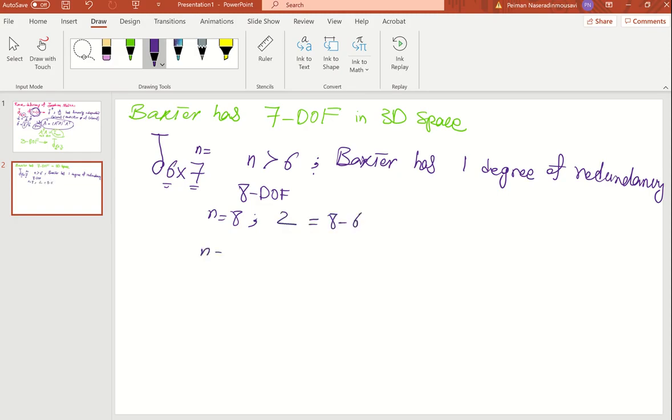If you have a 15 degree of freedom robot, it's going to be 9 degrees of redundancy, because 15 minus 6 is 9. Redundancy is good because it gives you dexterity and helps avoid obstacles in the space.